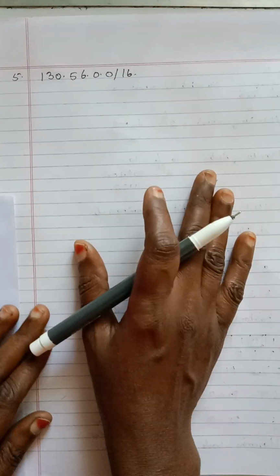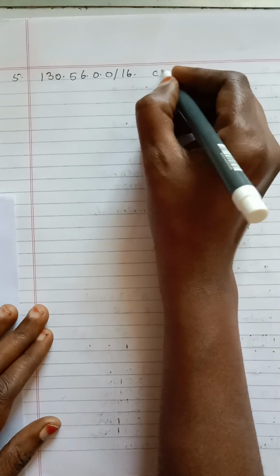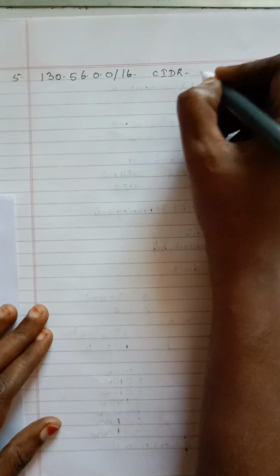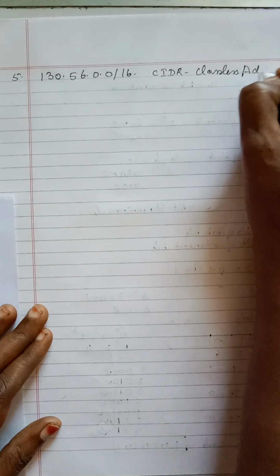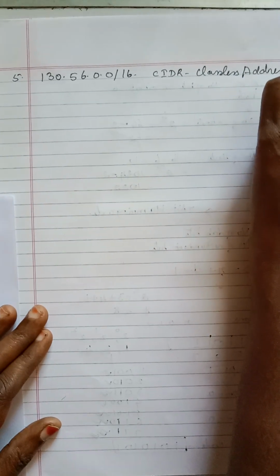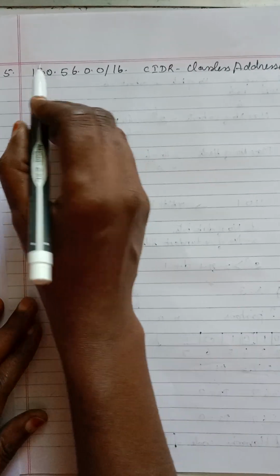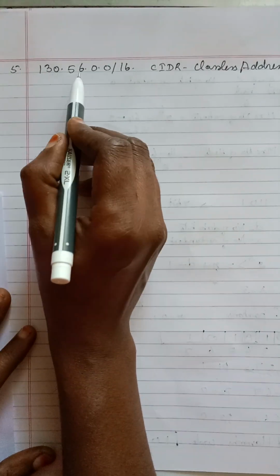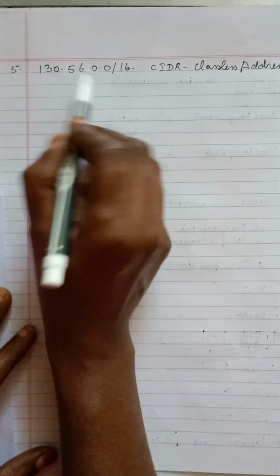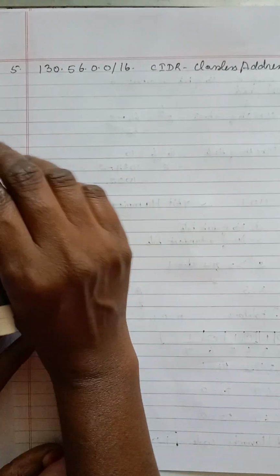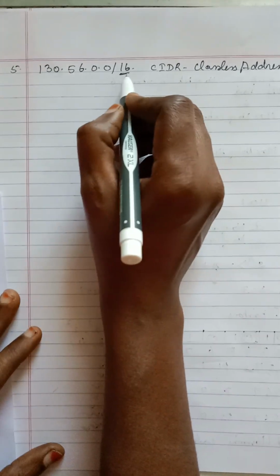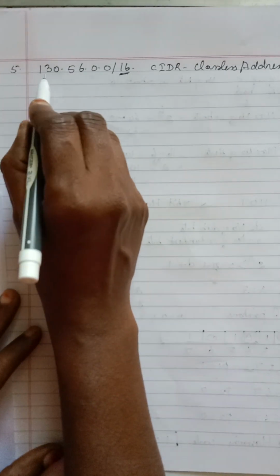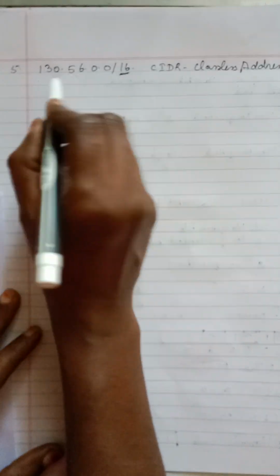Here in CIDR, classless means classless addressing. Here we have 4 octets, as it's 32 bits only, similar to the classful addressing as we saw in the previous problem. But here they have given 16. So 16 refers to the number of network bits. So network bits is 16.